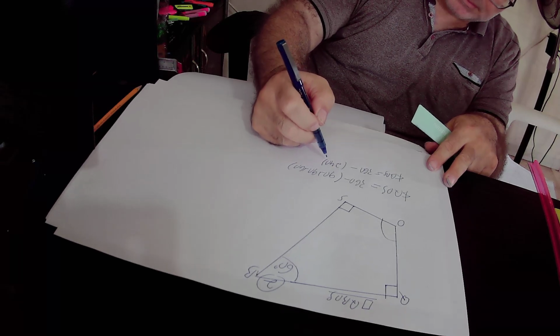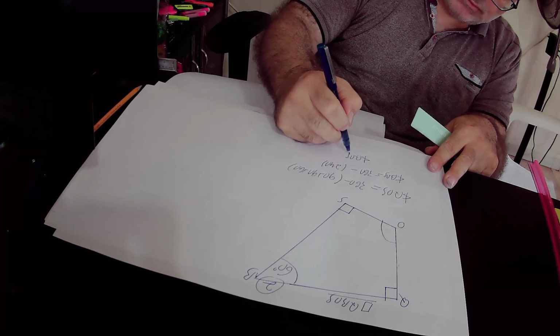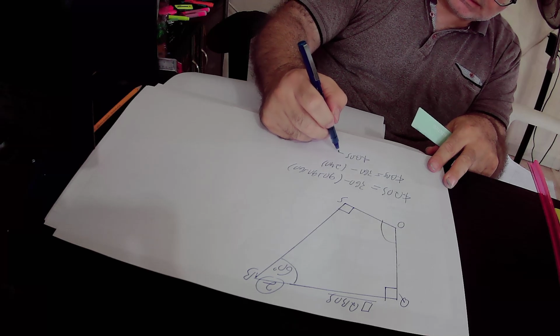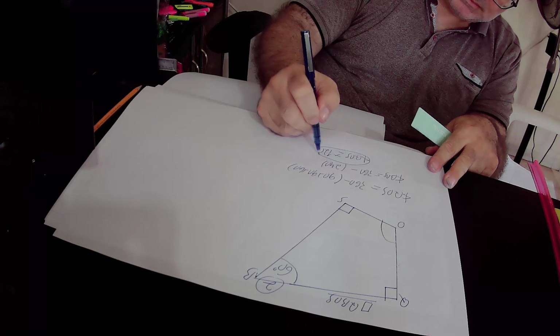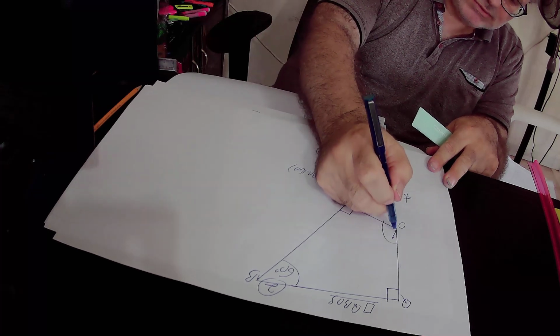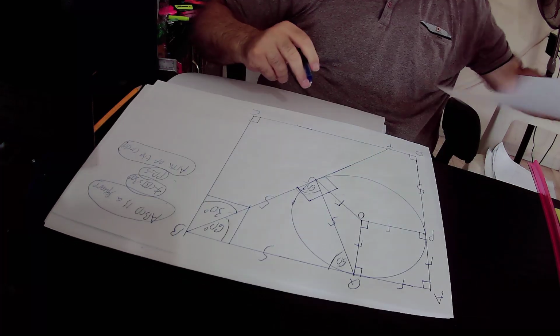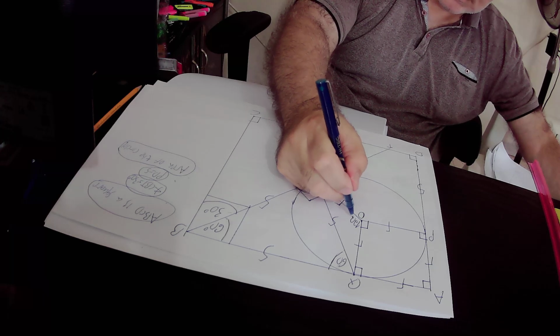So we found out that the missing angle QOS equals 360 degrees minus 240 degrees, it is 120 degrees. So here the missing angle QOS equals 120 degrees. You can write here that angle QOS equals 120 degrees.